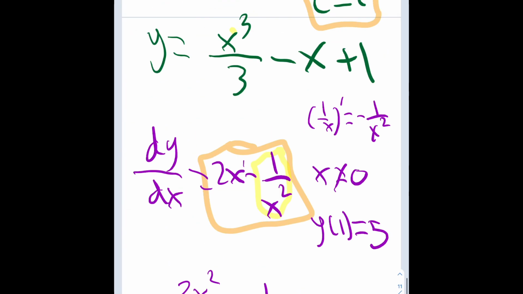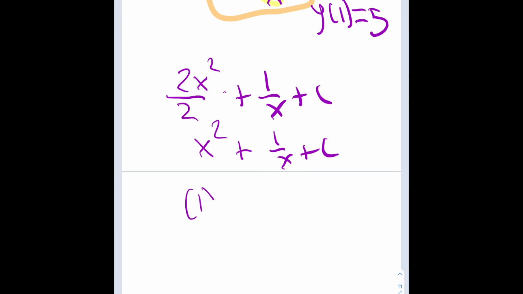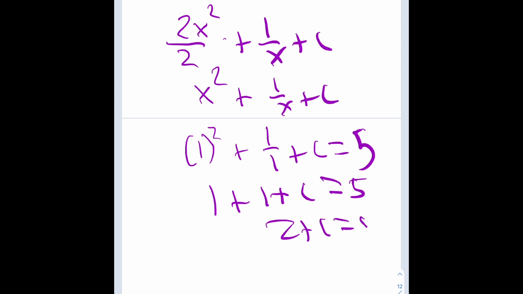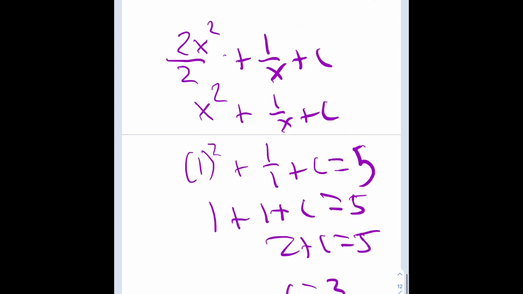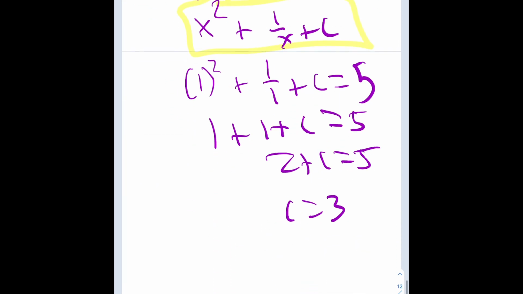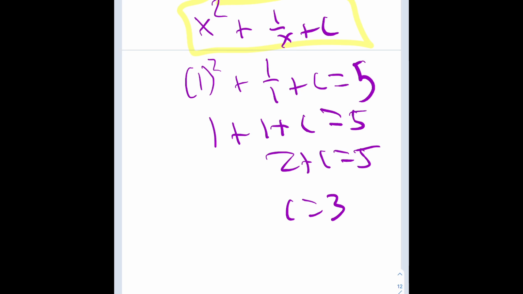And now we have our values. Every time I see an x, I'm going to write a 1. And every time I get to the equal sign, it's going to equal 5. 1 plus 1 plus c is 5. 2 plus c is 5. Therefore, c equals 3. So I take my derivative. I take this equation right here, and I rewrite it with my constant plus 3.